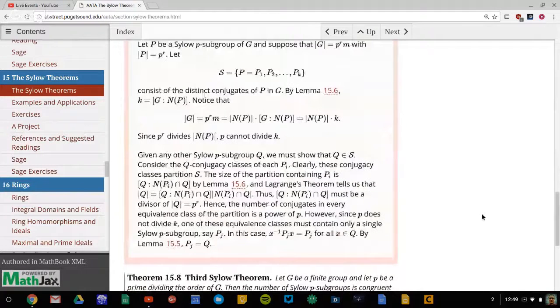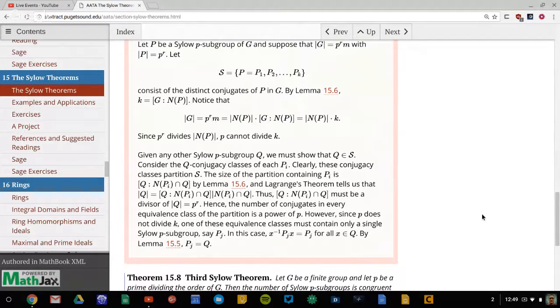So that means this happens for every element of Q, so every element of Q is within the set P_j. But these are both Sylow P subgroups, so they both have the same size, P to the R. So if one is a subset of the other, they must in fact be equal, because they both have the same size.